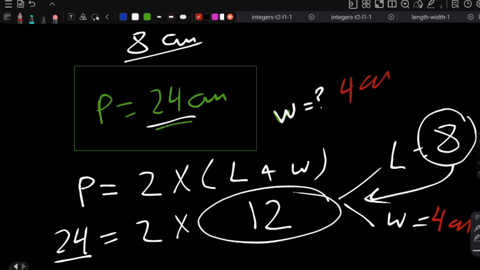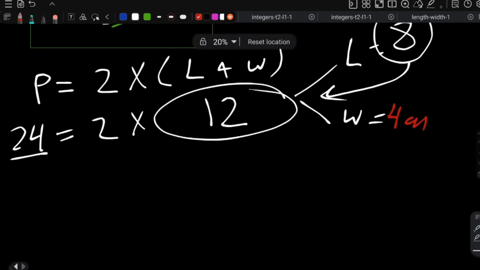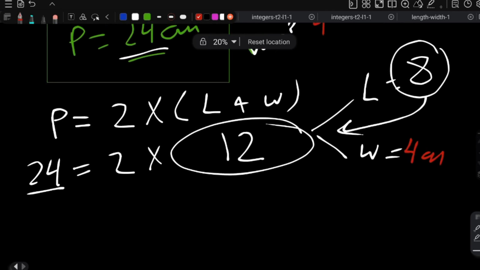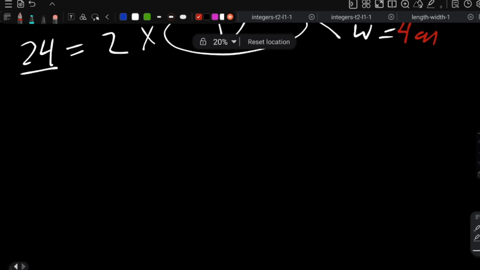Okay, or we can go by the rule. The book tells us a rule.